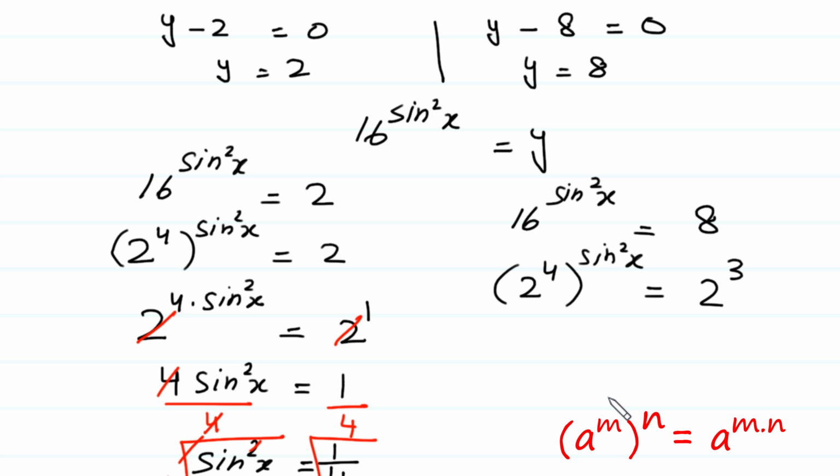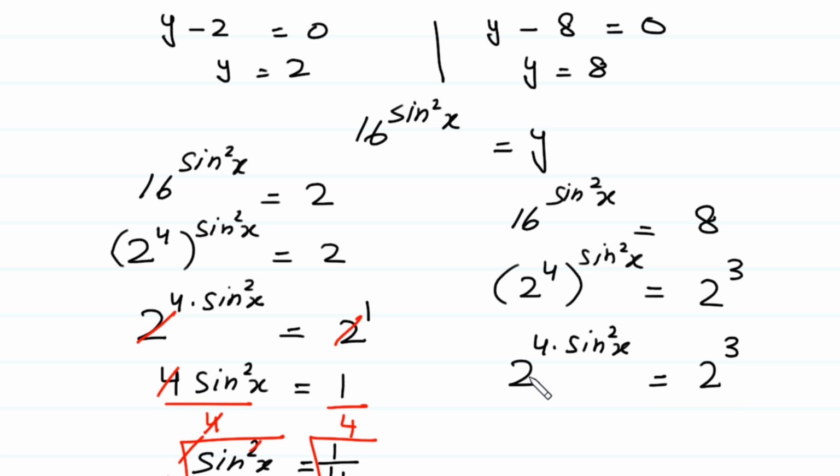Next, according to the rule of exponents, this power 4 is multiplied by this power sine square x, like this: 2 to the power 4 times sine square x is equal to 2 to the power 3.